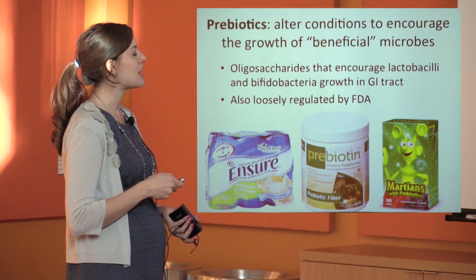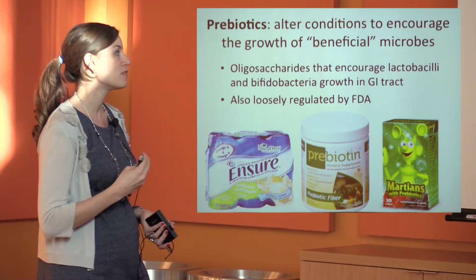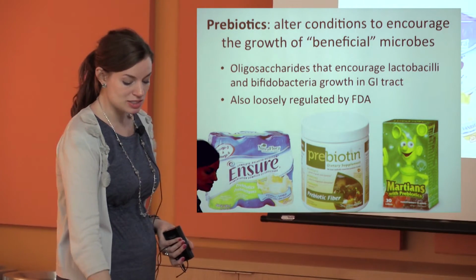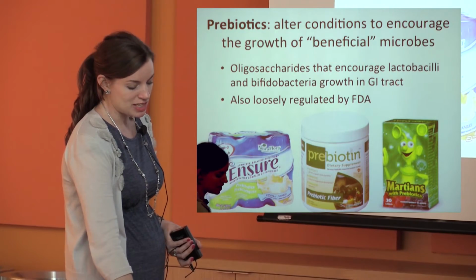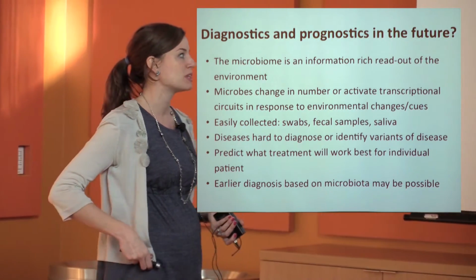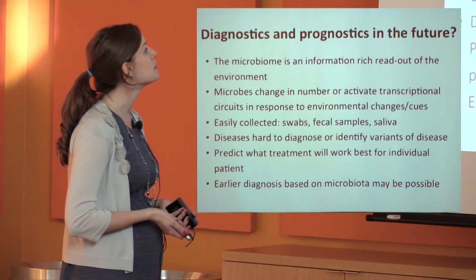And there's thought that certain oligosaccharides can encourage lactobacilli and bifidobacteria in the GI tract. But again, this is all loosely regulated by the FDA, so a lot of it's unclear what the health benefits really are of some of these prebiotics and probiotics.